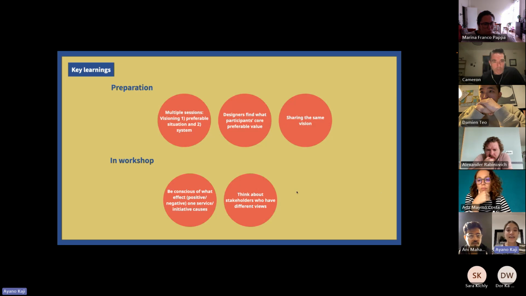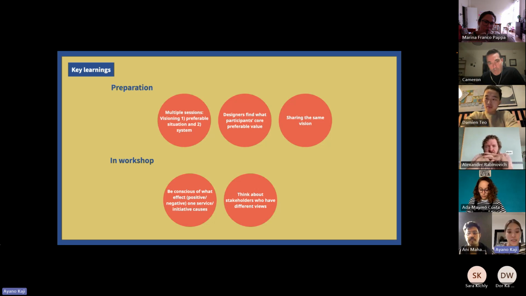Of course, I don't think this works well for all cases, but here is what I learned and kept in my mind when I co-designed the preferable system. Regarding preparation, I think we need to do multiple sessions for visioning.